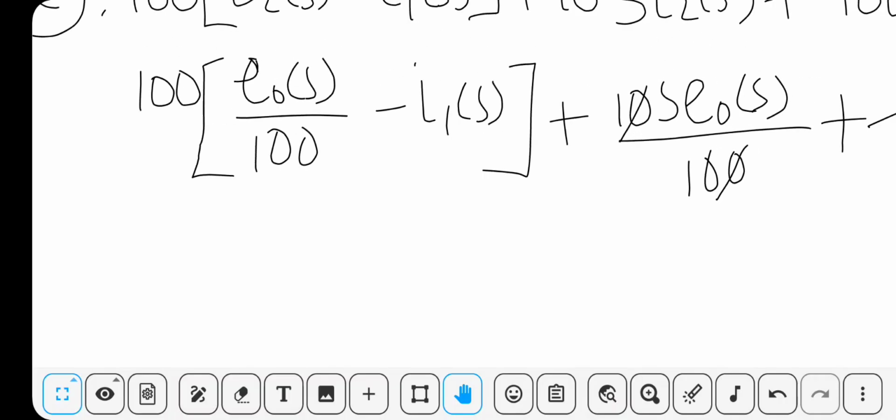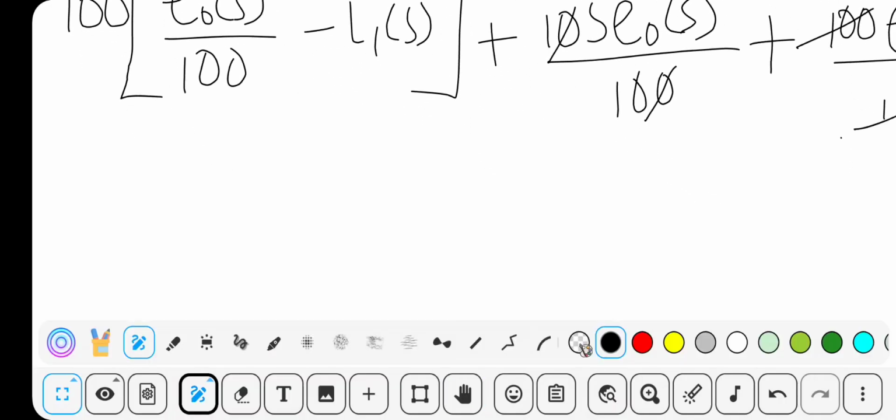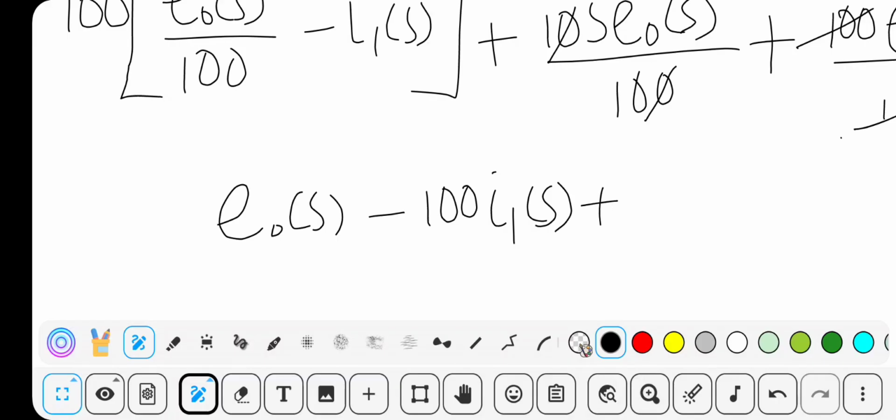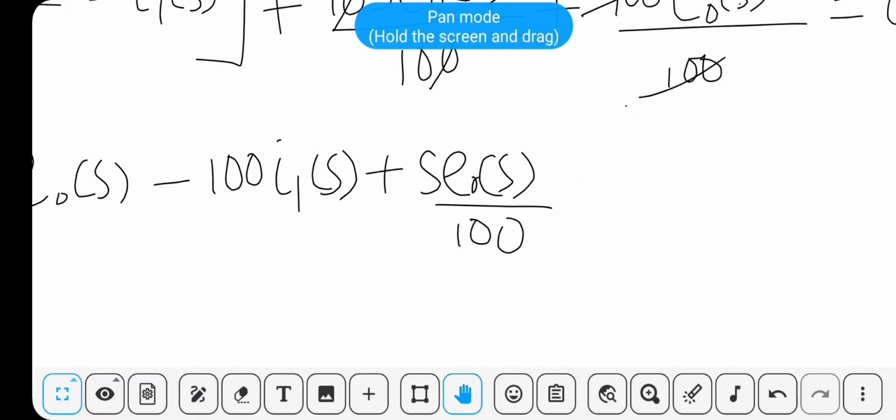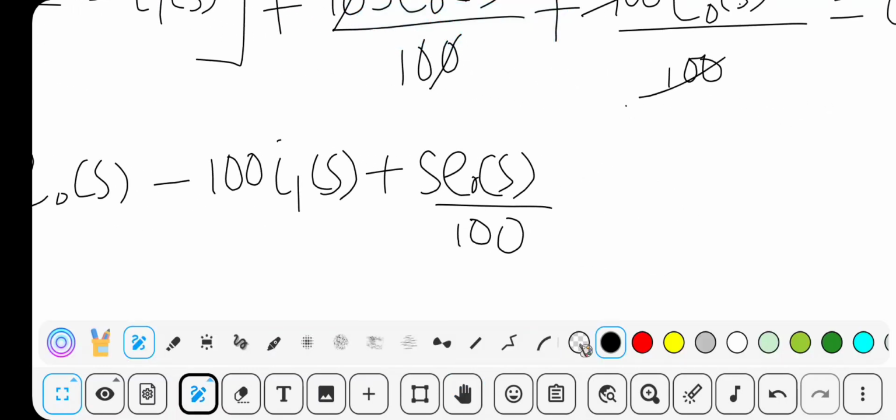So now, expanding and simplifying further, this is what you have. Plus this is equal to 0.